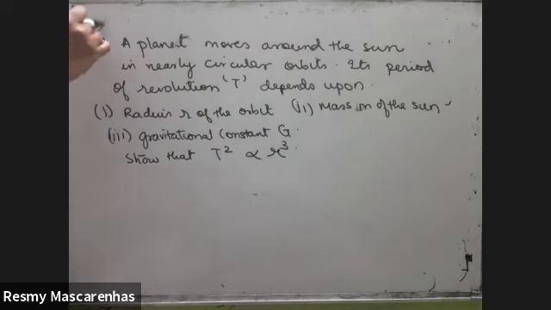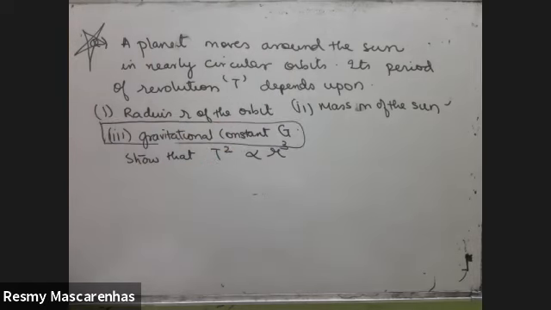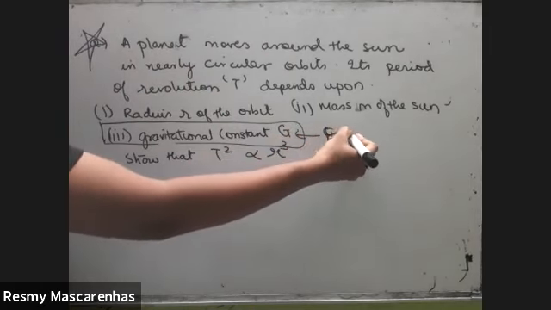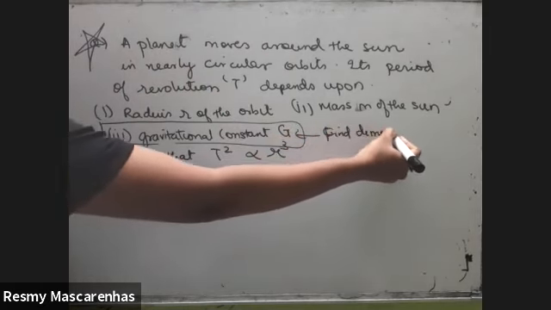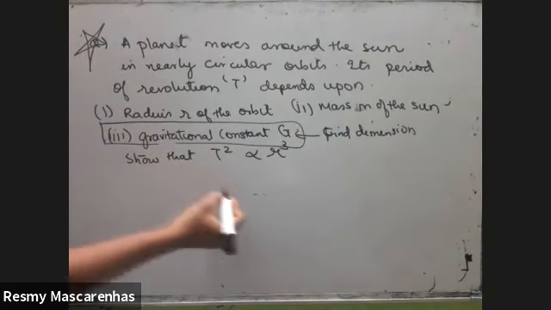Just put a star for this one and keep, because here this constant is not a purely constant. You have to find that gravitational constant first. It has dimensions. Because in the table, if you have noticed, we have found g.